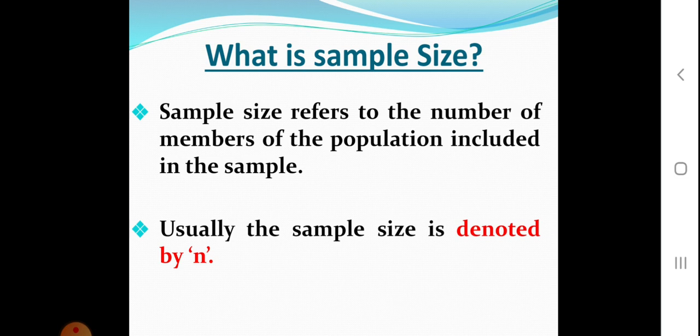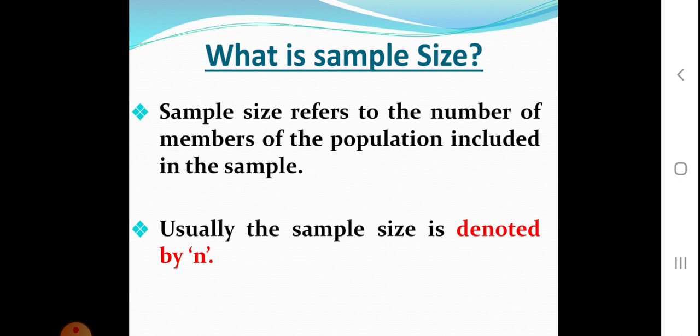In other words, sample size is the number of observations taken from a population. It is the part of a population. Sample size is the part of the population chosen for a survey or experiment. It is the subset of the population selected to make inferences about the population.